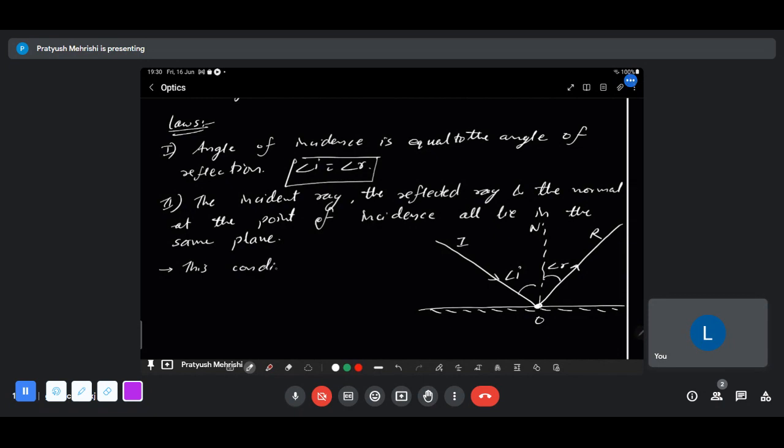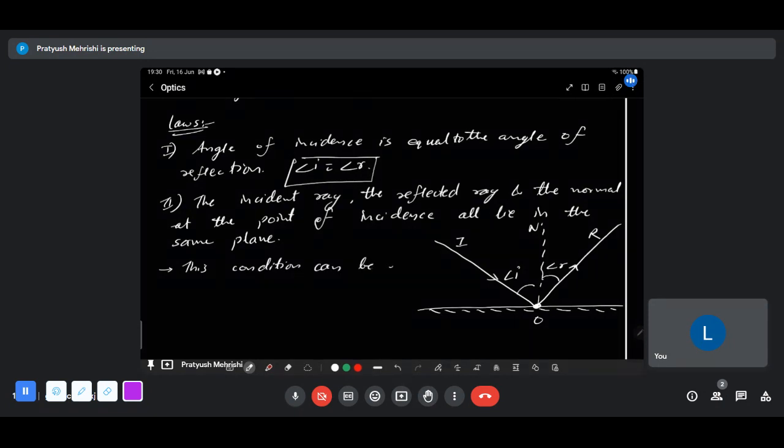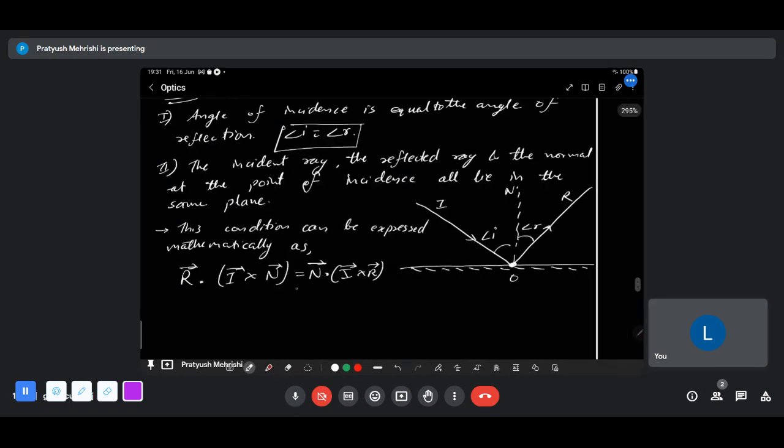Write down, this condition can be expressed mathematically as dot product, see, r vector dot i cross n will be equal to n vector dot i vector cross r vector will be equal to i vector dot n cross r equal to 0.